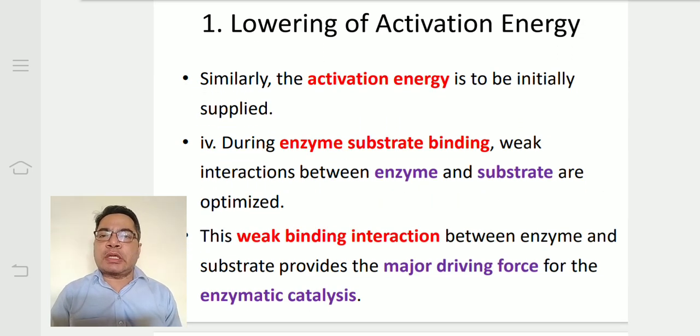Similarly, activation energy is to be initially supplied. During enzyme substrate binding, weak interactions between enzyme and substrate are optimized. This weak binding interaction provides the major driving force for enzymatic catalysis.